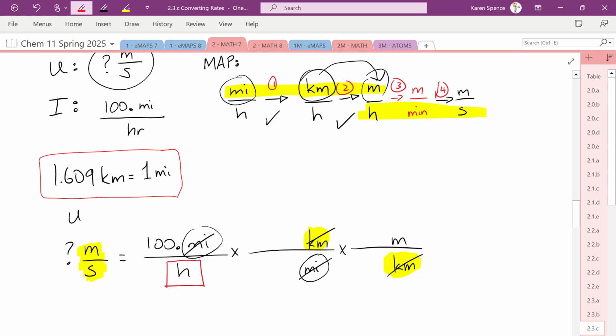I want to get rid of hours because I don't want hours. I'm going to take my hours and convert to minutes. Hours are on the bottom, so where do hours have to go? They have to go on the top. Hours cancel out, and we change to minutes, so minutes go on the bottom.